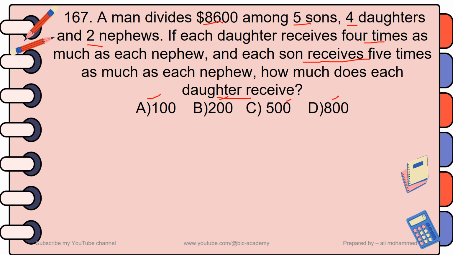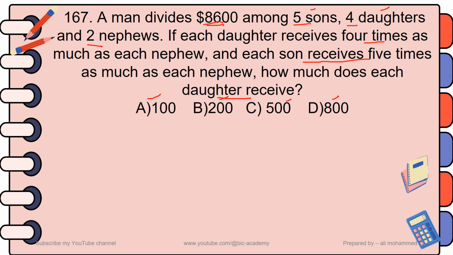There is enough information, and there is a total amount that is divided, and the total amount is $8,600. The man divides this total amount among 5 sons, 4 daughters, and 2 nephews.